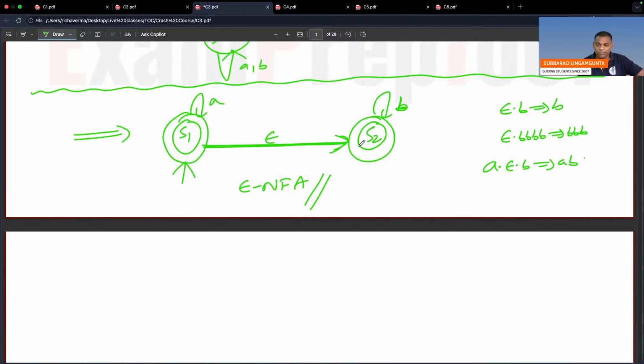The null transition gives you flexibility. You want only a's, only b's, or sometimes a's followed by b's. If order is important, keep a null transition in between. It will make your life easy. I think everyone got it.